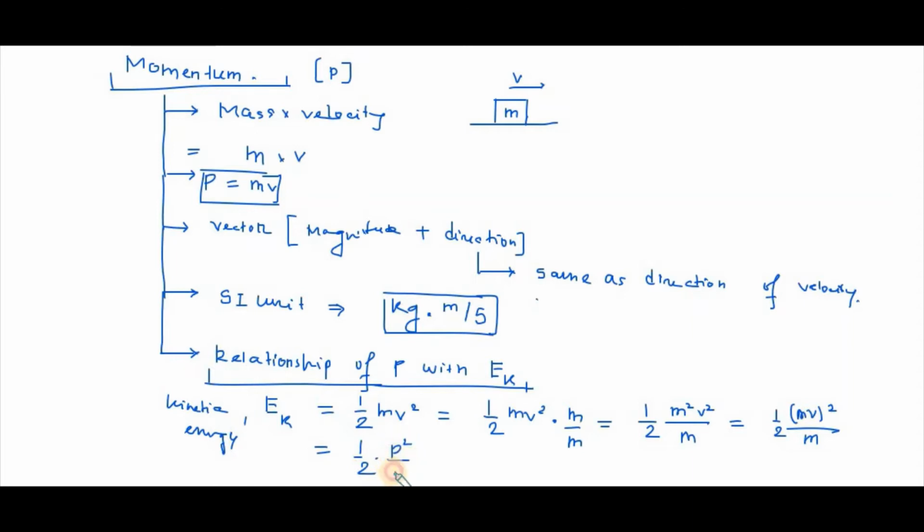So it's p square upon 2m that gives the kinetic energy. Or you can write momentum equals the square root of 2 times the mass of the object times the kinetic energy. This is the relationship between momentum and kinetic energy.